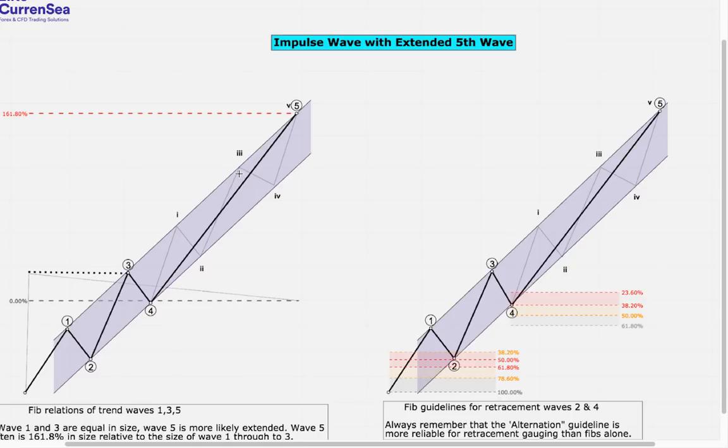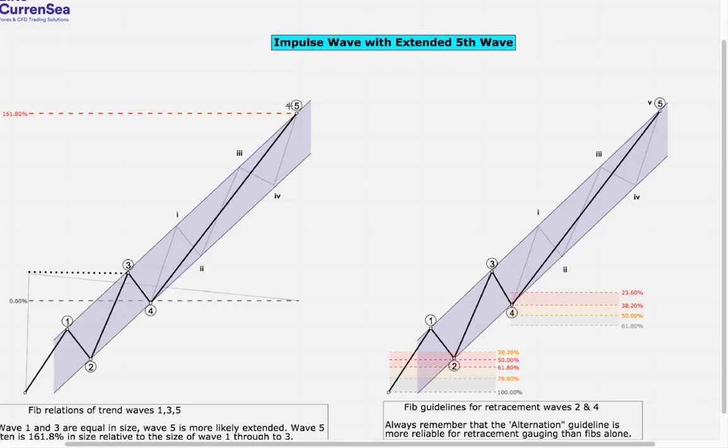This is unfortunately something that requires experience and more gauging, but it is a warning sign. If you see that the first and the third wave are about the same size, then one warning sign to be more cautious about reversals is that the fifth wave is more likely extended.